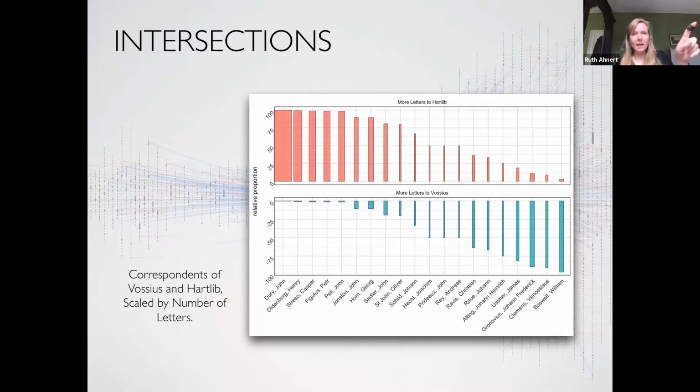And this is actually, again, on a log plot because the volume of letters they exchanged varied so much. What it also shows is that the more voluminous correspondents exchanged numerous letters with only one of these figures. But the figures in the middle of the graph are kind of marginal to both communities. We're really interested in those indirect contacts, these bridging figures, and we think there's a significance to them that might be worth exploring further.